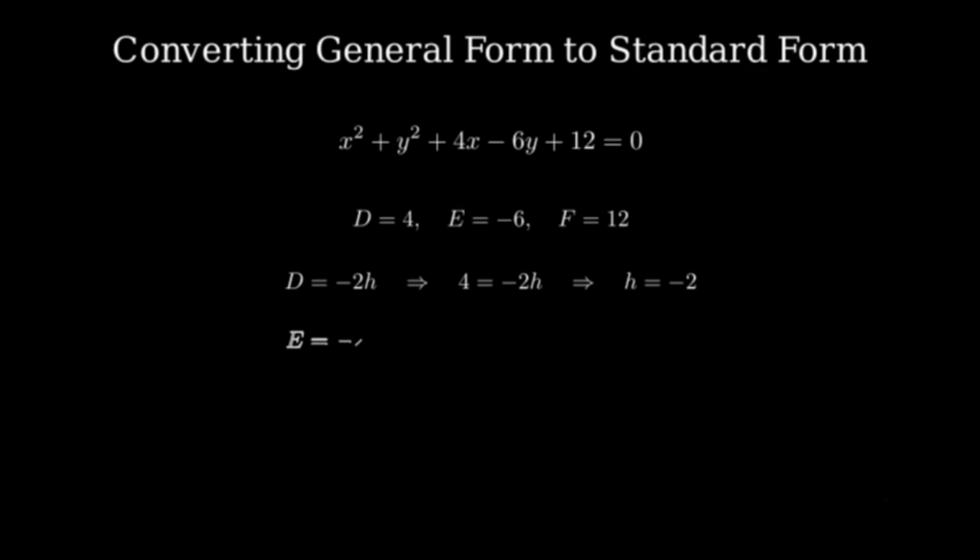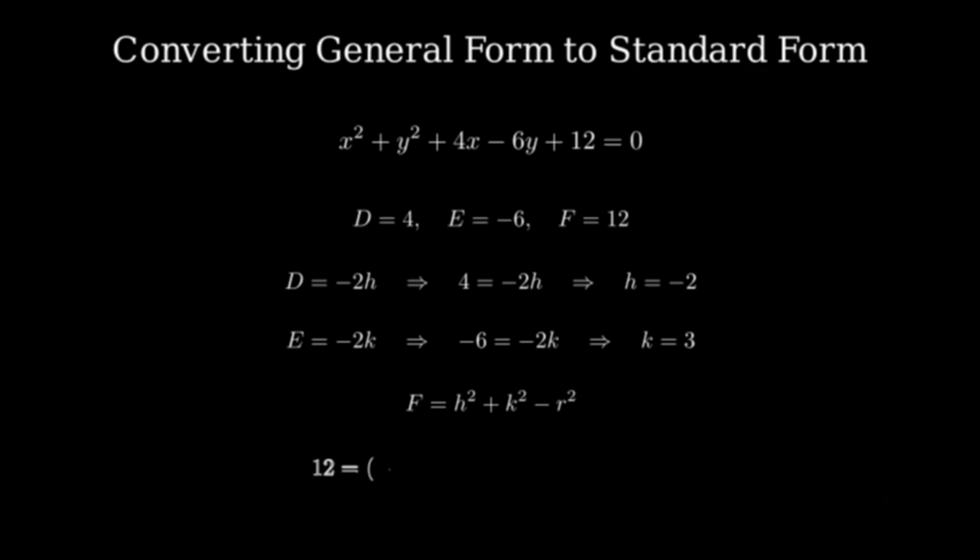Next, we use our second relationship, e equals negative 2k, to find the y-coordinate. We have negative 6 equals negative 2k, so dividing both sides by negative 2, we get k equals 3. This means the center's y-coordinate is 3. Finally, to find the radius, we use our third relationship, f equals h squared plus k squared minus r squared.